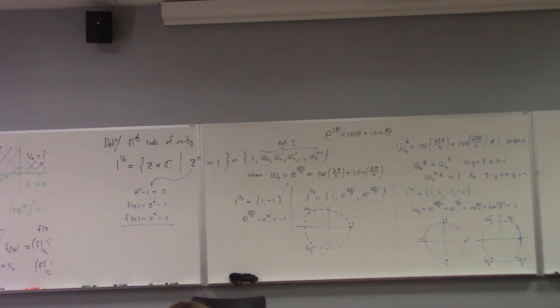How about the fourth ones? 0. Fifth? In fact, the sum of the nth roots of unity should be 0. Can you see that? It's just by symmetry. They're arranged symmetrically around the origin, and the origin is their center of mass, if you want to bring physics into it. Let's say it's the centroid, though. Let's keep physics out of it. The geometric center of the roots of unity is the origin.